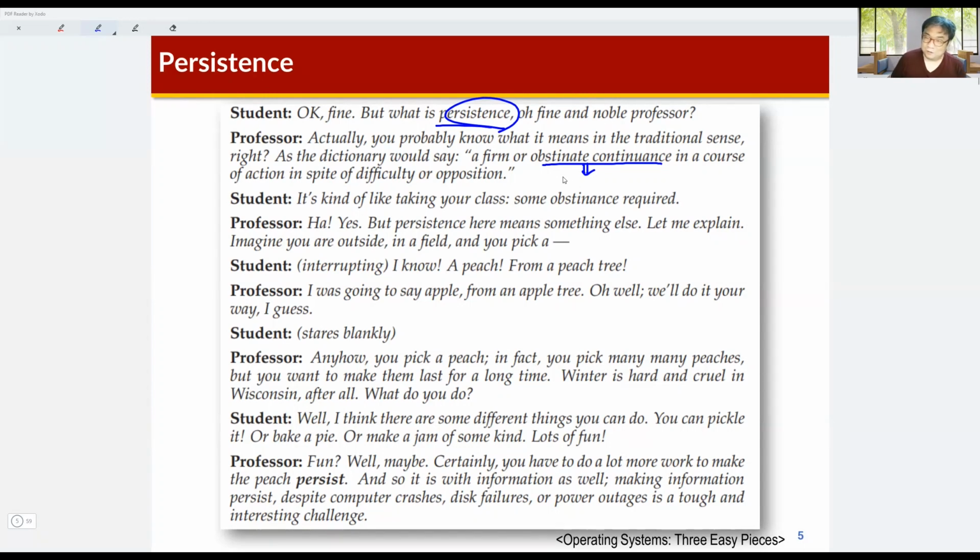So the main meaning of this persistence is firm or obstinate. But in computer science or computer systems, what does persistence mean? We frequently use persistent memory or persistence in computer systems. What does that mean?